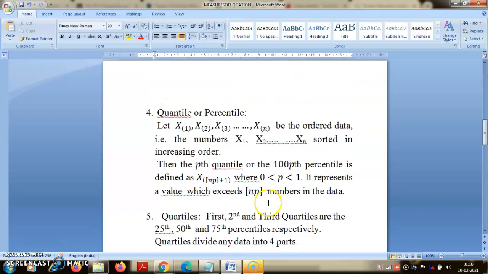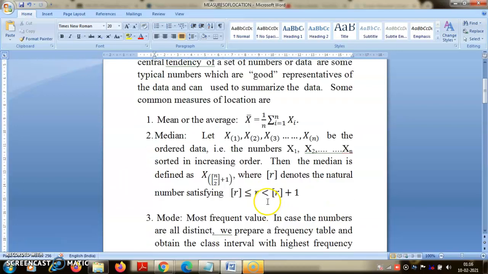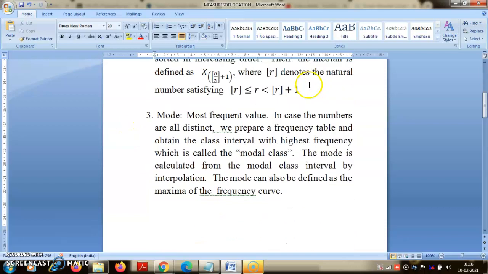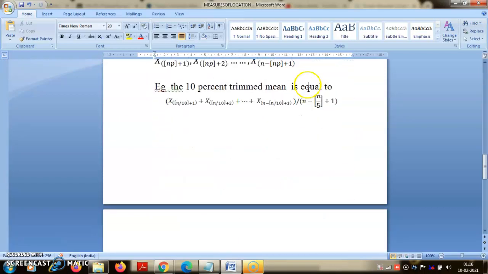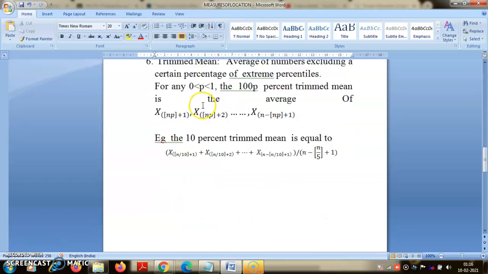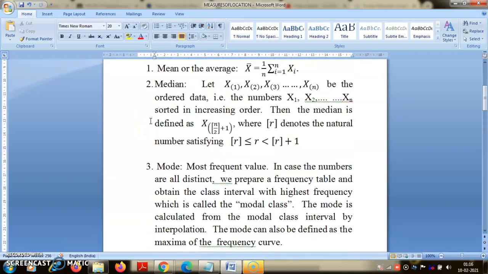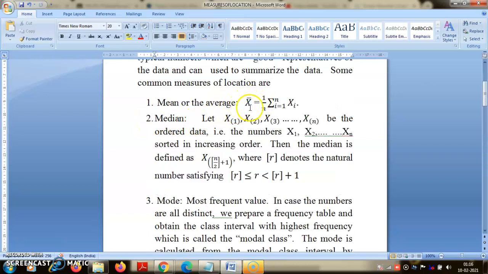Now, what are the advantages and disadvantages, and why is each measure of location important? We will discuss that one by one, and I will start with the mean. I would first let you verify that the mean minimizes the square deviations.